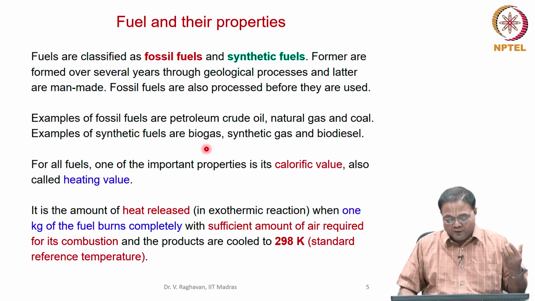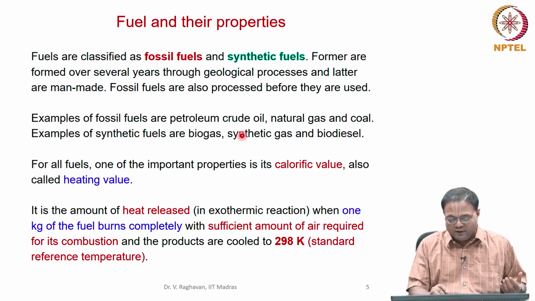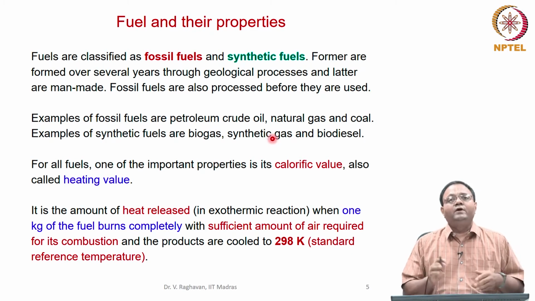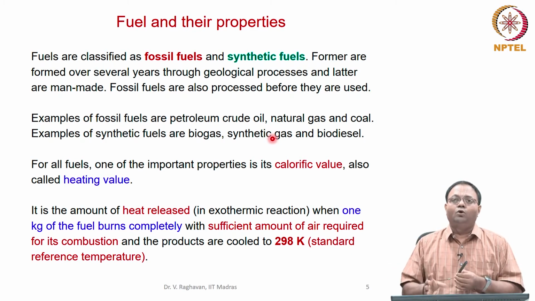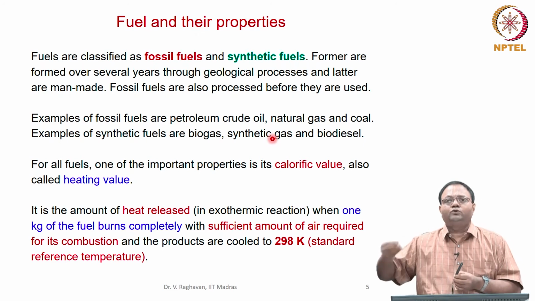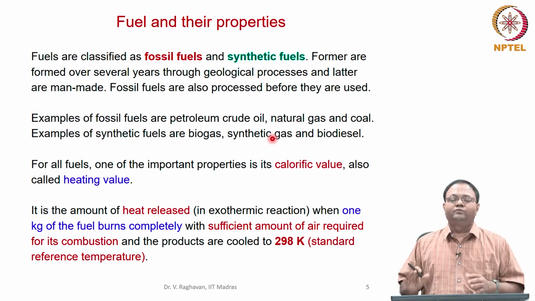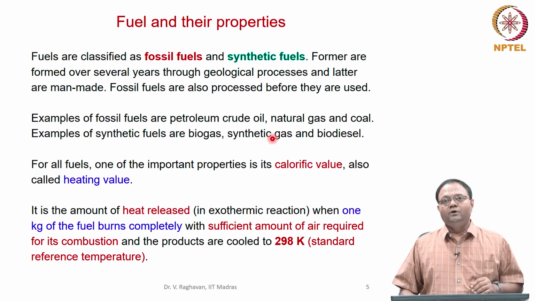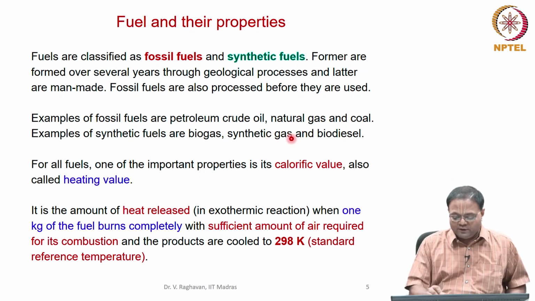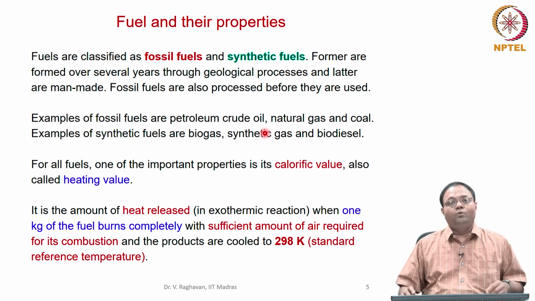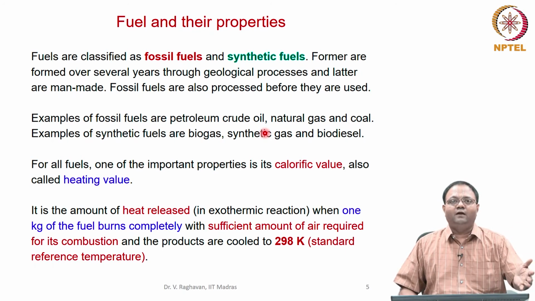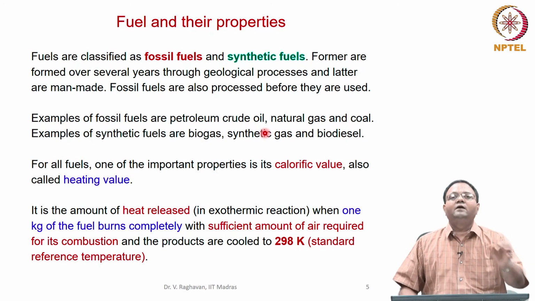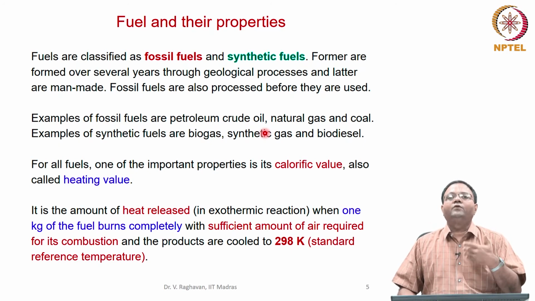Similarly, synthetic gas, it's called syngas also. We use solid materials like coal, biomass, etc., and subject them to some process like gasification so that you get synthetic gases. So we have to design the reactor, use these sources there, and get the products which are good fuels.